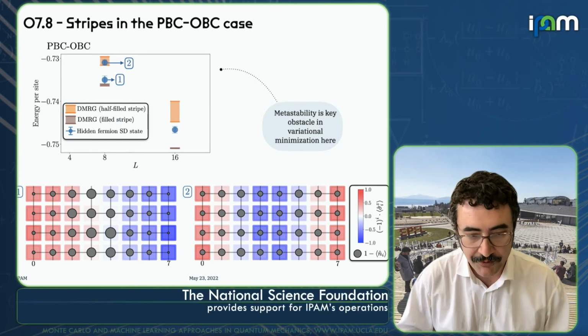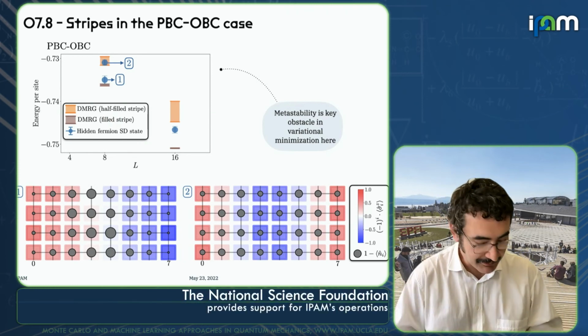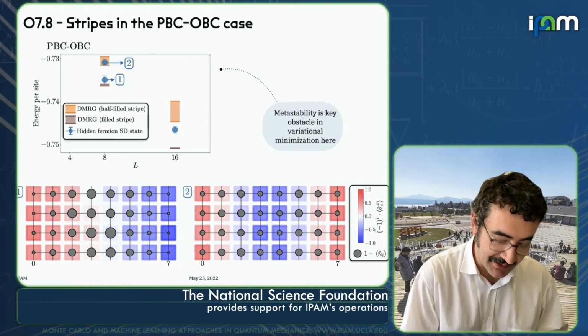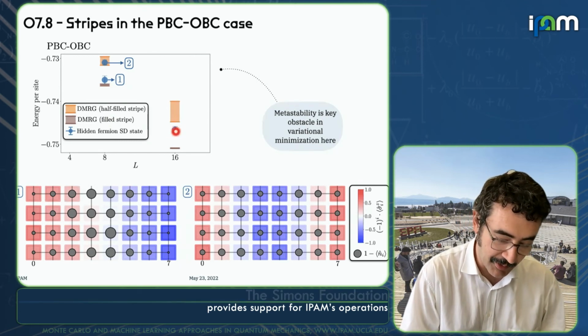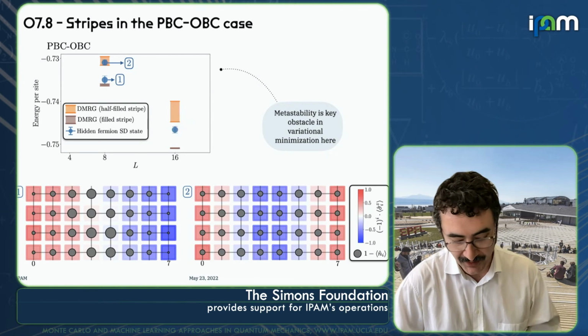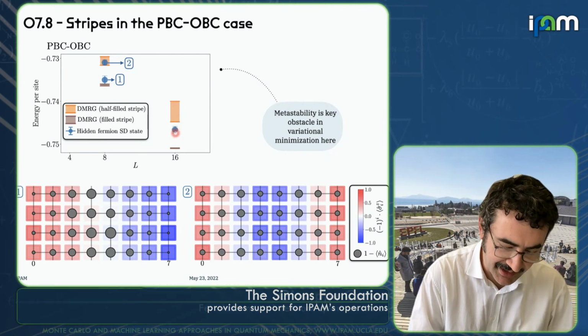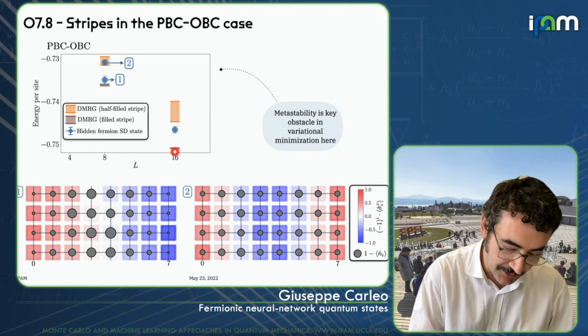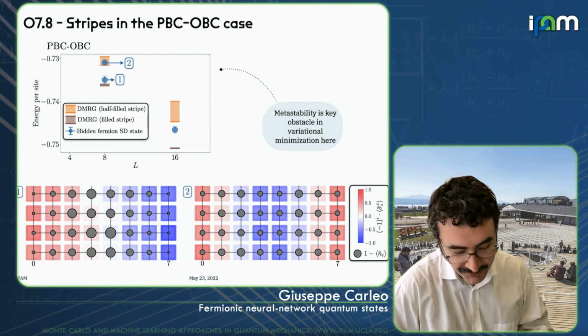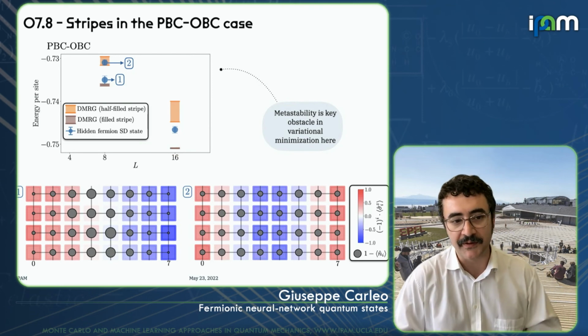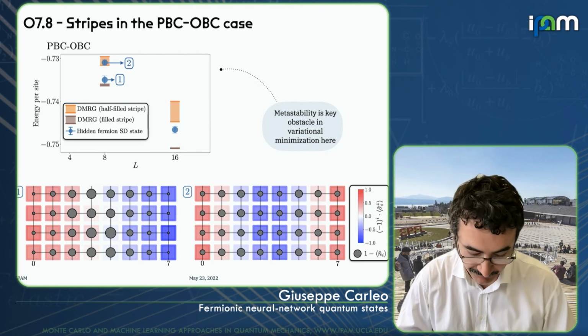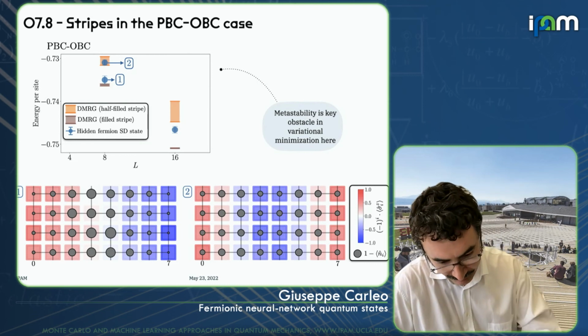So this is a bit unfortunate. It's part of the physics, actually, but it's still something that is more evident in the case of L equal to 16, where you see that our energies are not yet compatible with the lowest DMRG energies. But again, this was the first work we did in fermions. I believe that there is room for large improvement.